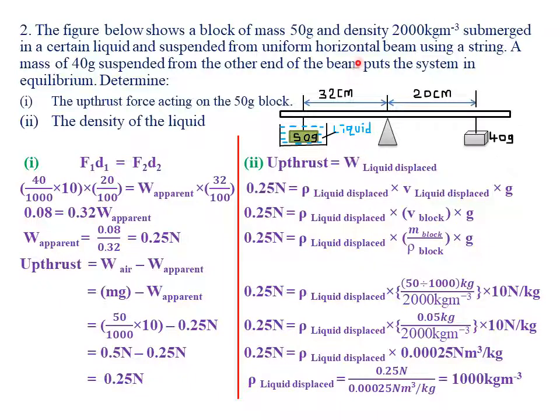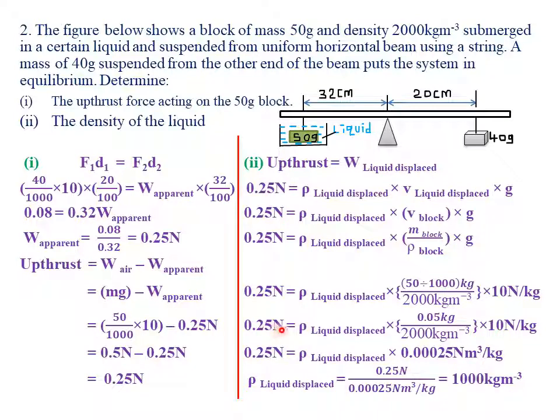We were given in the question that the 50 gram block has a density of 2000 kilogram per cubic meter, then times 10. So 50 divided by 1000 gives 0.05 kg, the SI unit for the mass, divided by the density of 2000 kilogram per cubic meter, so that we find the volume.